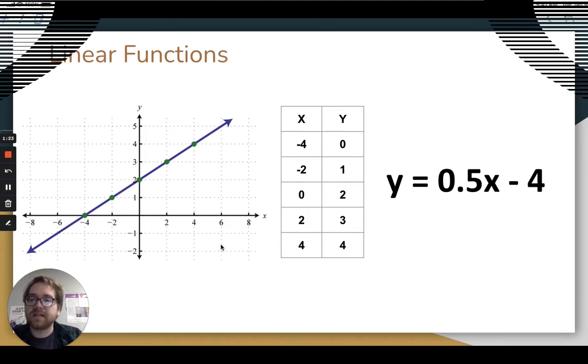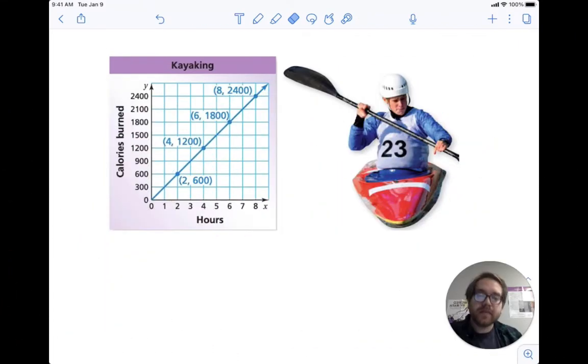So let's look at an example. All right, so in the example that we're going to look at together, it involves a real situation. We're graphing something with real units. Like in this case, we're looking at the calories burned while kayaking for however many hours a person is kayaking, and that's true of the practice examples that you'll look at on your assignment as well.